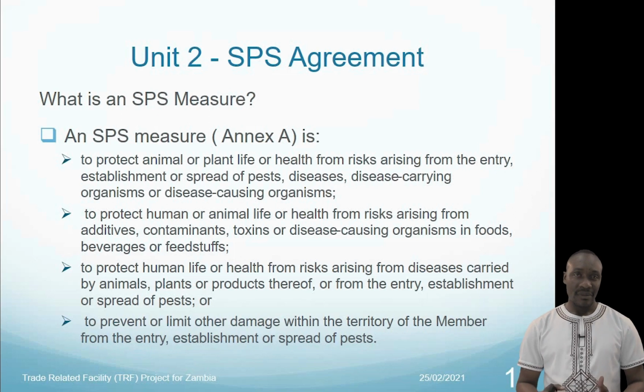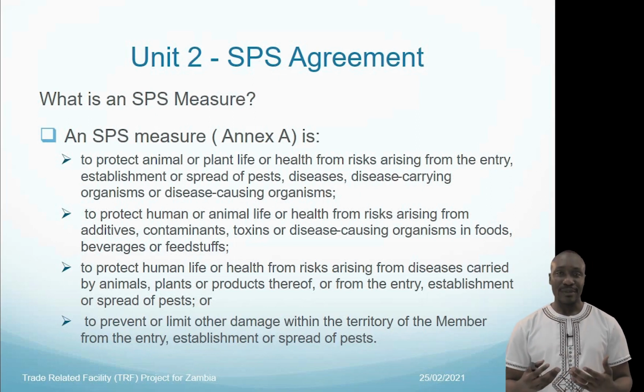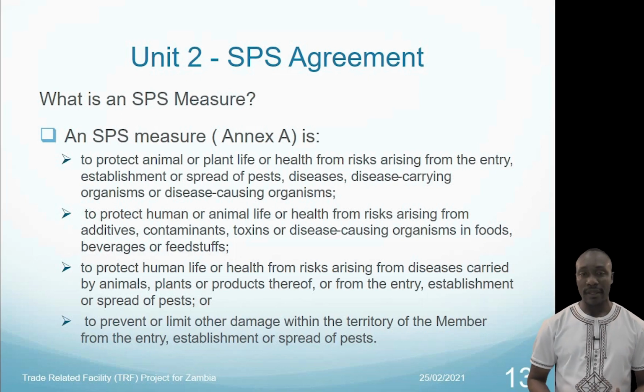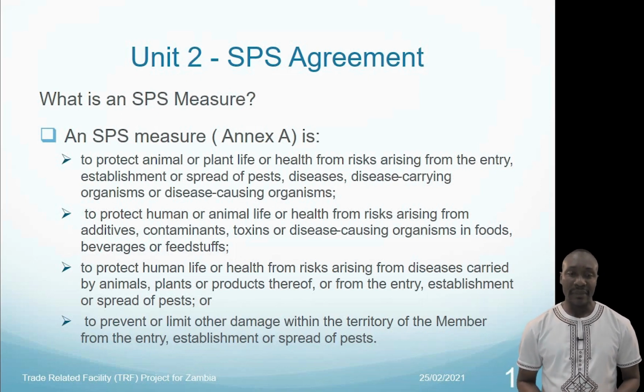And the other aspect is these disease-carrying animals or plants may actually cause diseases to human life. So there's another aspect there. And finally, you want to prevent or limit other damage within the territory of the member from entry or establishment.